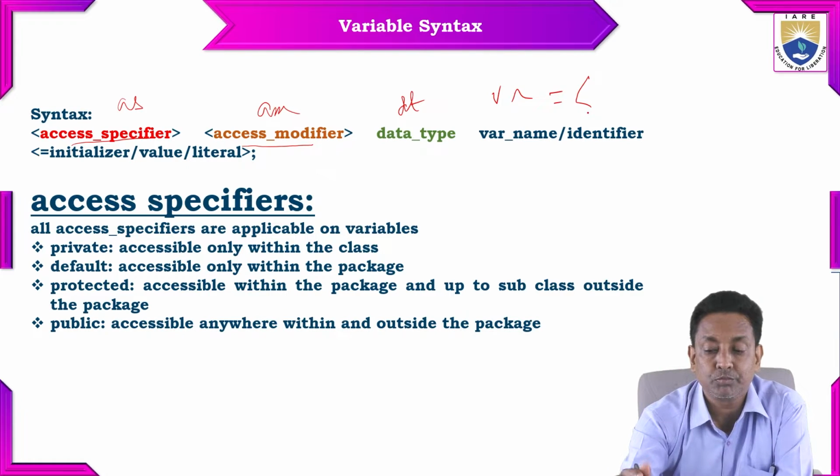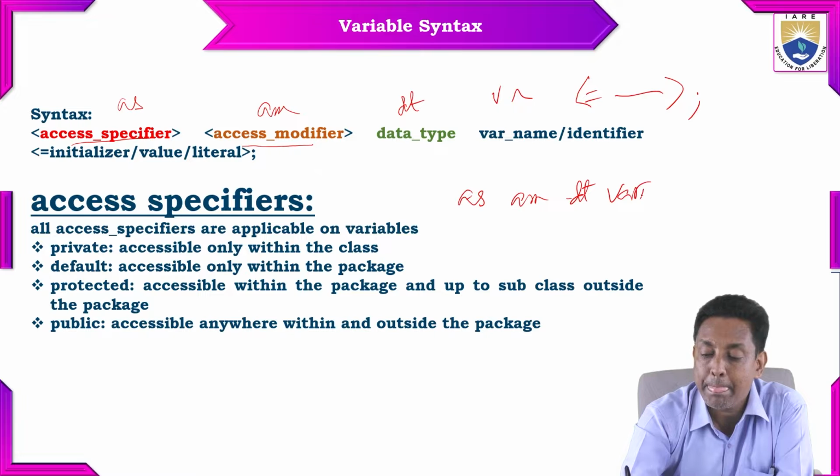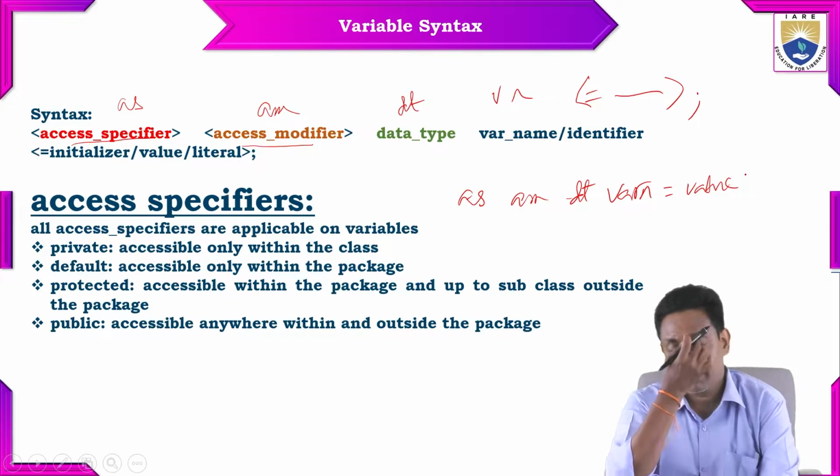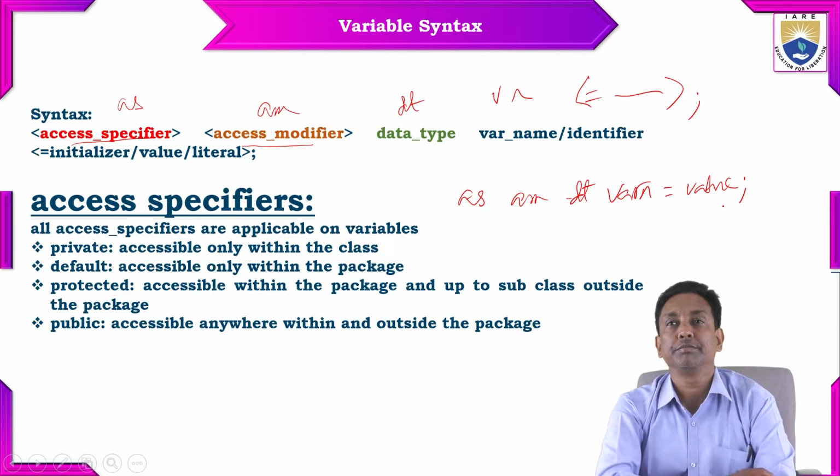So: access specifier, access modifier, data type, variable name is equal to value. This is the declaration syntax of a variable in Java.